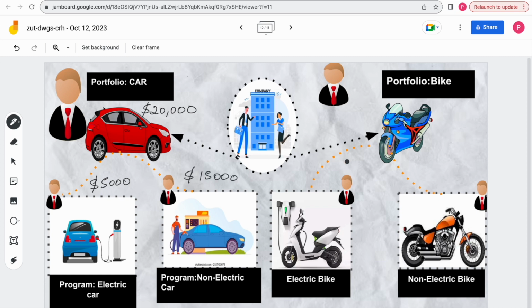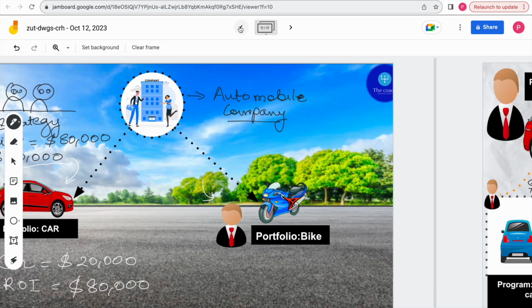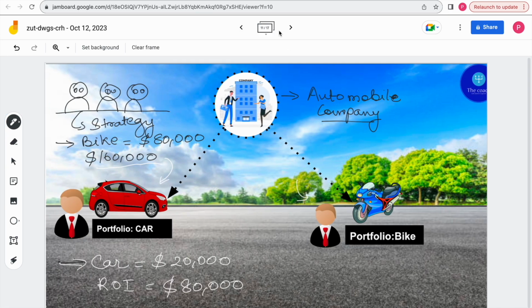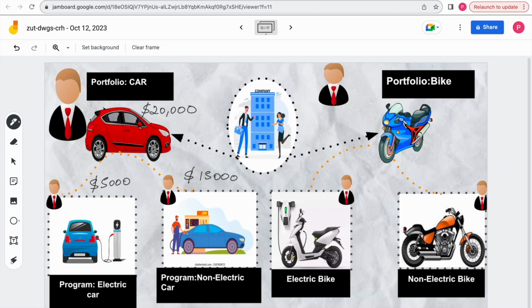Now the bike portfolio has an investment of $80,000. Let's say electric bike is in demand, so he is going to invest $60,000 here and $20,000 here. This decision is taken by the portfolio manager.